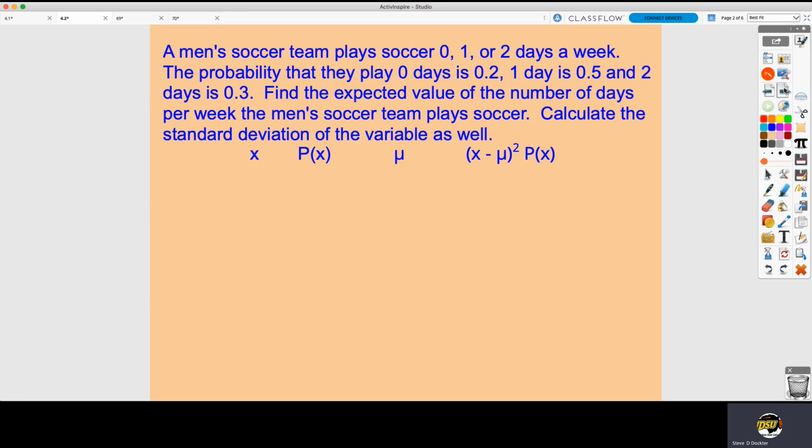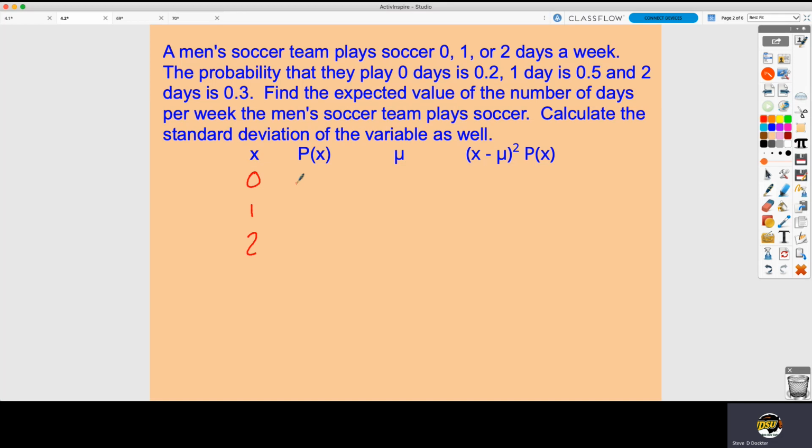All right, for some of this, we can start filling in right away. We know that the X is going to stand for the number of days per week that they play. So we know our X values are going to be 0, 1, and 2 here. We also are given what the probabilities are here.